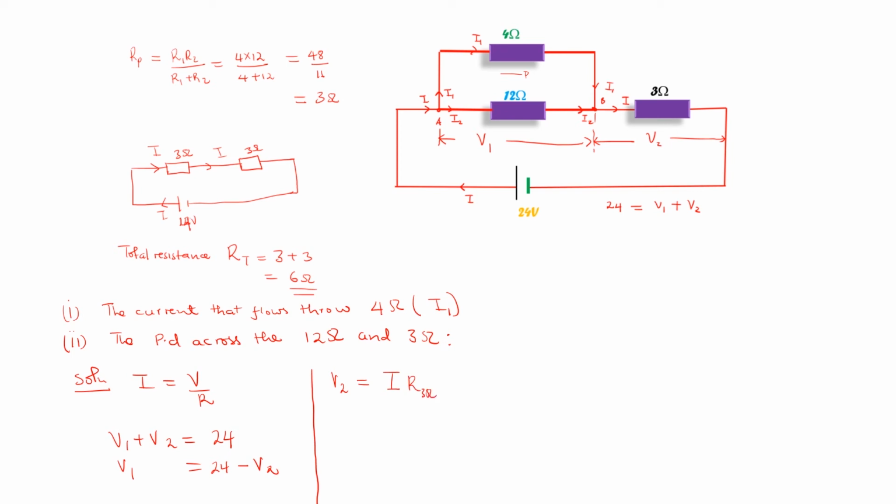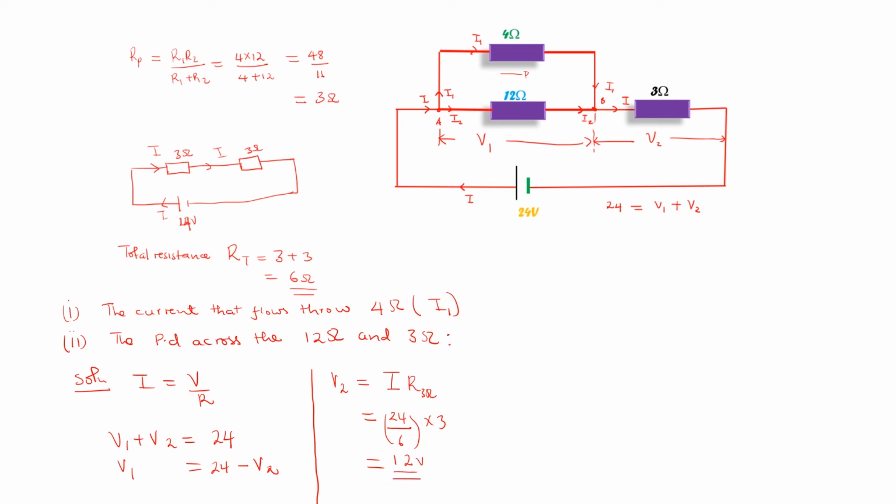I is the total current flowing through the whole circuit, and it can be calculated from V, which is 24, divided by the effective resistance in the whole circuit, which is 6, then times the 3 ohm resistor. This gives you 24 divided by 6 times 3, that gives you 12 volts.